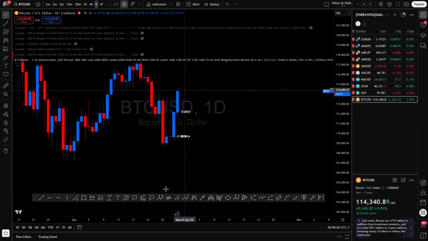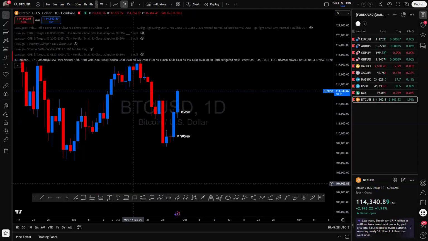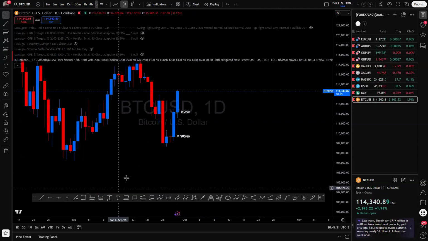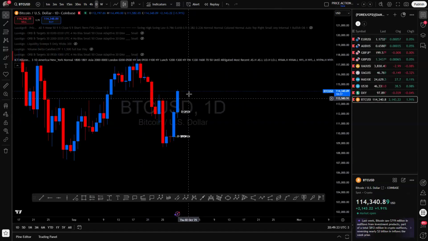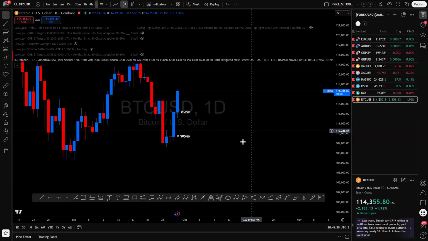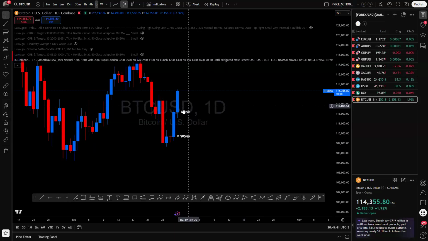So it closed bullish. So what we're trying to figure out is what is going to be the overall move on the market based off of the 3-bar pattern, which is accumulation, manipulation, and distribution. So since this candle closed bullish, it's understandable to think that we're going to see some manipulation of the bears and then distribution of the bulls at this point.